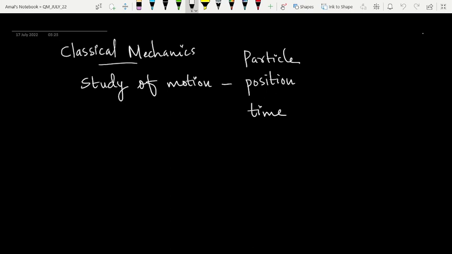It means that if we know the initial condition of a particle that is moving or starting to move, then can we predict the final position or the state of the system. So this is the important question we are asking when we study motion.